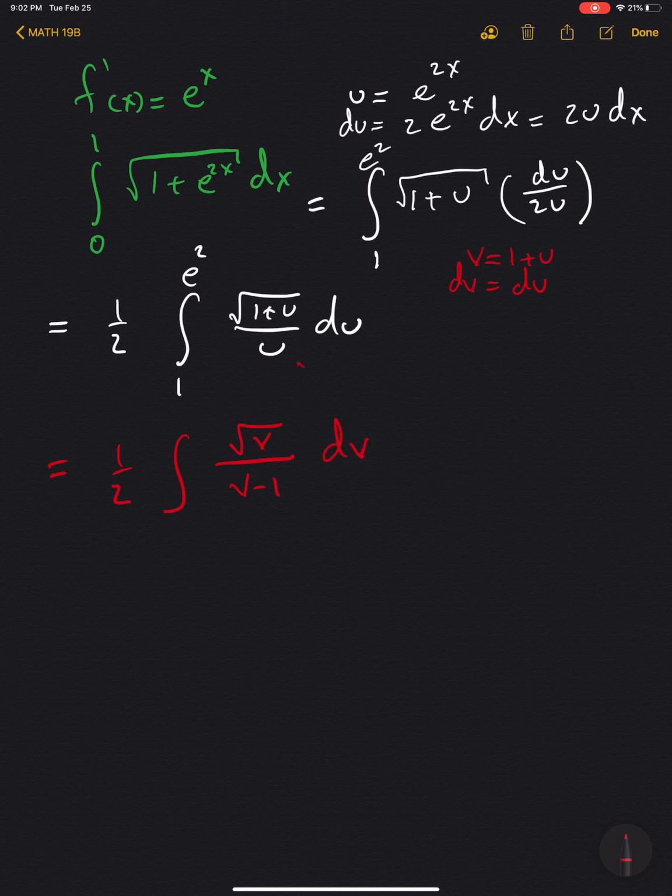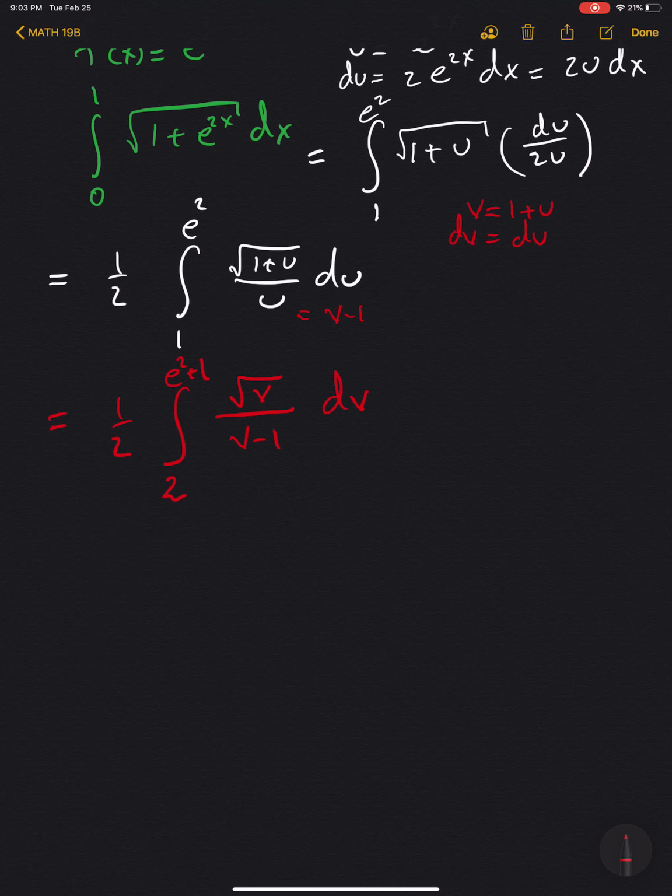Notice that here we just wrote, from the original substitution, that u equals v minus 1. Now this will affect our limits, because whenever u equals 1, v will be equal to 2. Whenever u equals e squared, that makes v to be e squared plus 1. So now the integral that we're looking at is 1/2 from 2 to e squared plus 1 of the square root of v over v minus 1.